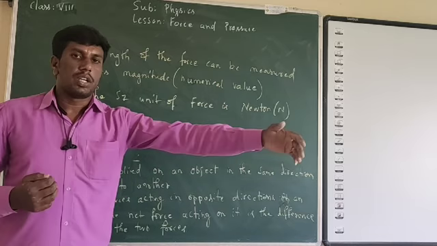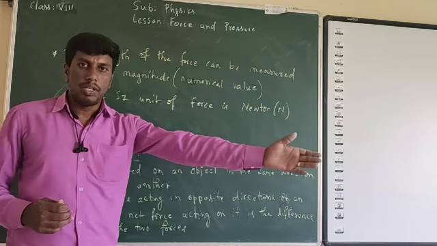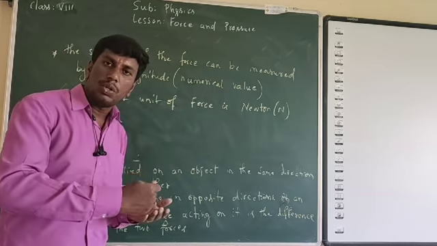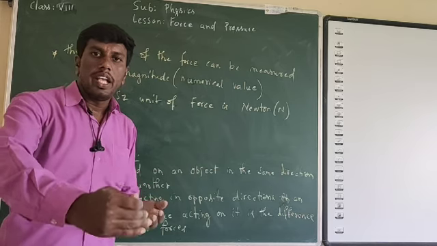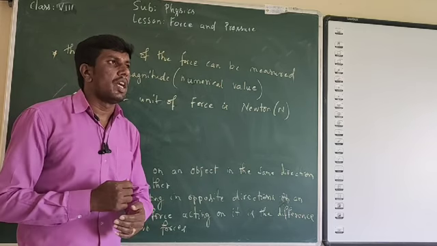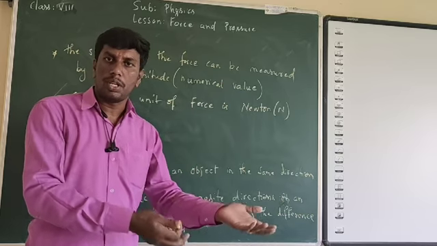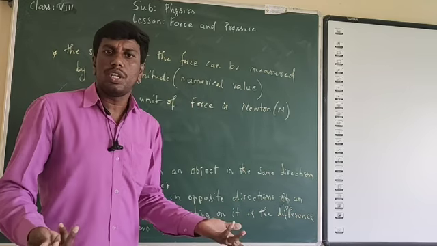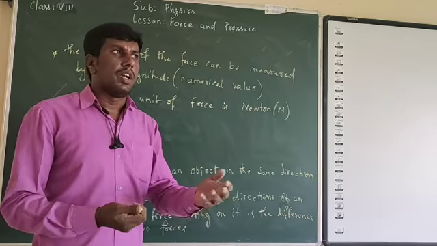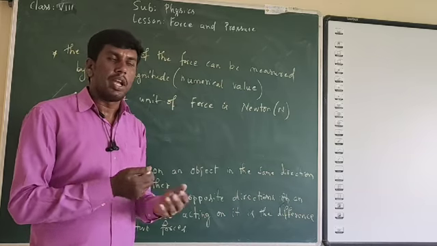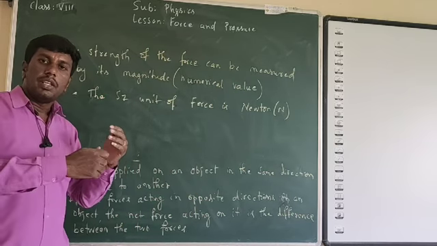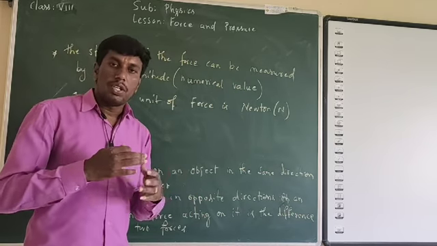How much distance have you traveled? I have traveled 500 meters. So, you should state the magnitude as well as the SI unit. If I say that I have traveled only 500, what is 500? Either 500 meter or 500 centimeter or 500 kilometer, what is that? It will not give a proper meaning, right? So, the standard unit is very, very important.